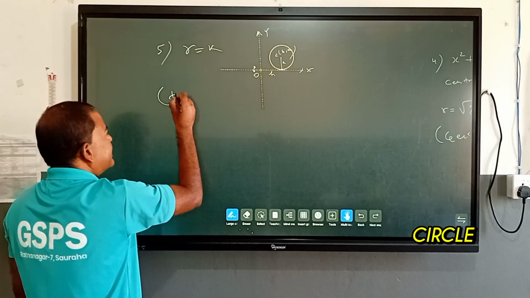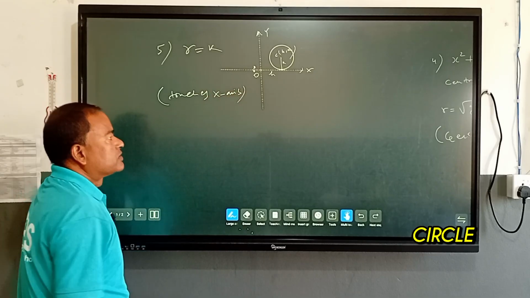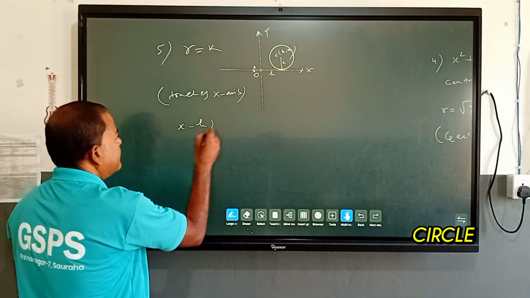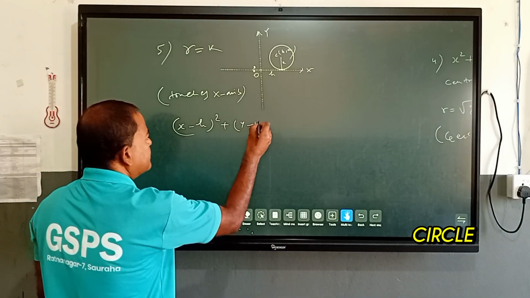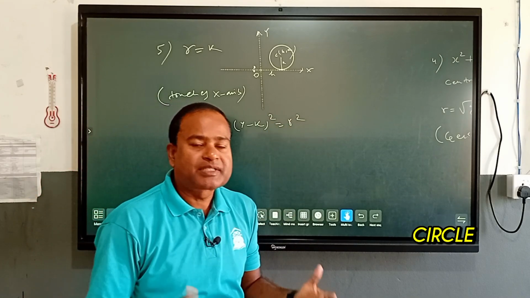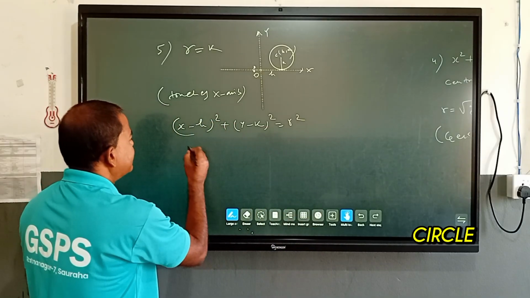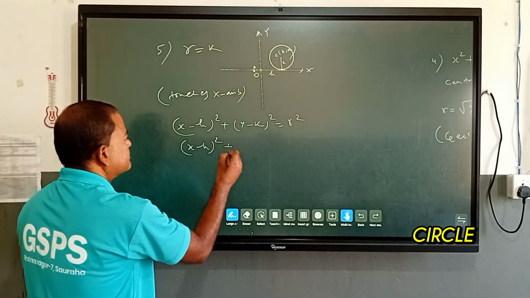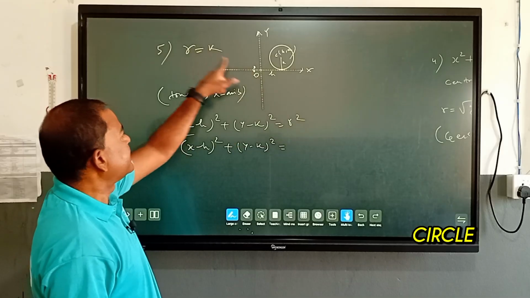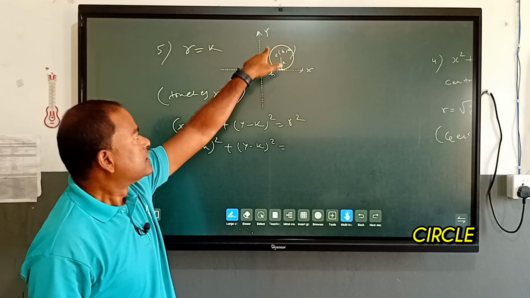So when it touches the x-axis, to find the equation of the circle, we know that the equation of a circle in the central form is (x minus h) whole square plus (y minus k) whole square equals r square. Now when the circle touches the x-axis, the radius will be equal to k, that means the y component of the center of the circle.